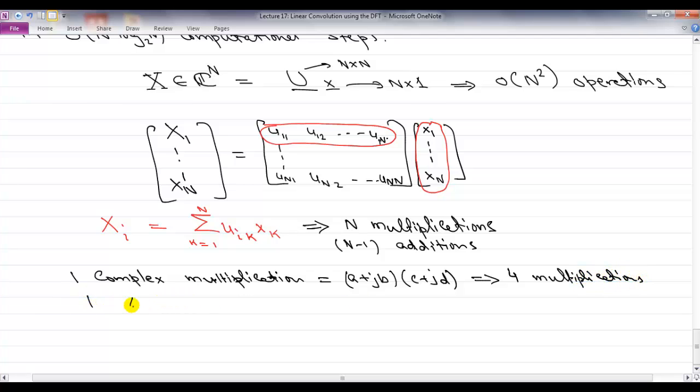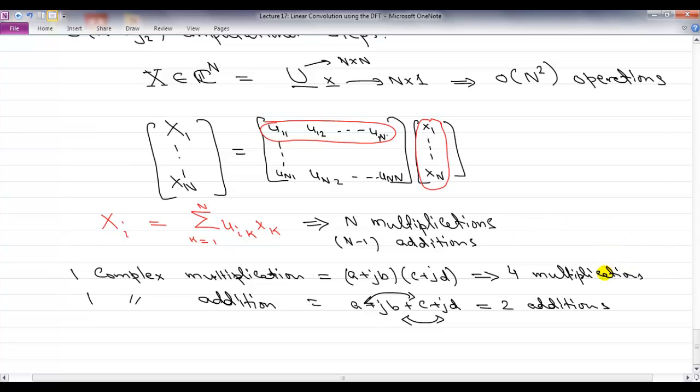Similarly, one complex addition involves how many real valued additions? 2. A plus jb plus c plus jd, you have to add the reals and you have to add the imaginary parts. So you have 2 additions. So one complex multiplication involves 4 multiplications plus 2 additions, and one complex addition involves 2 additions.